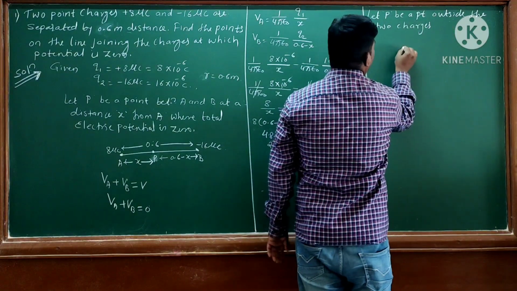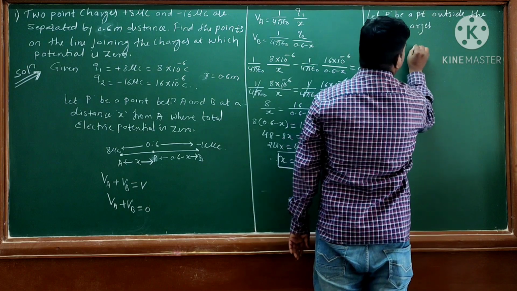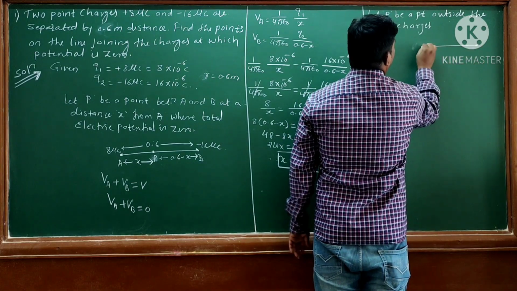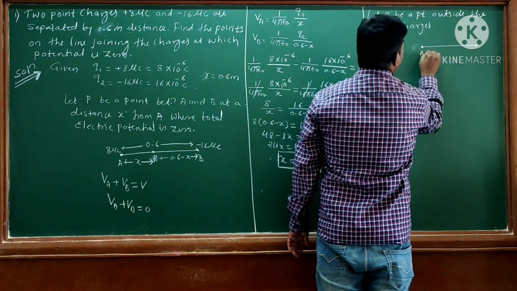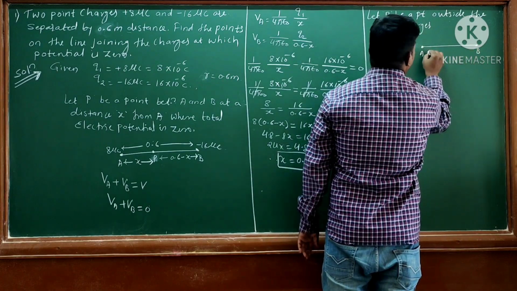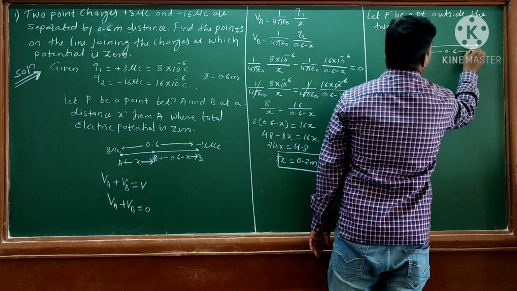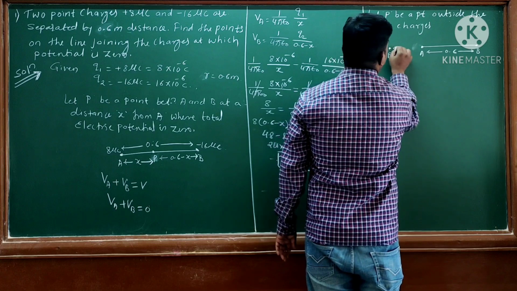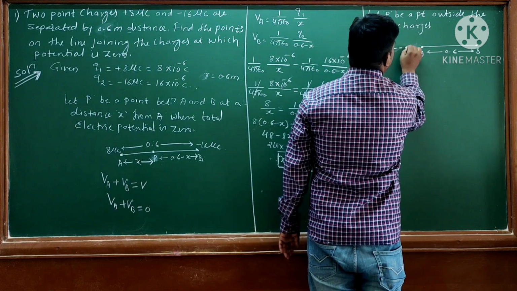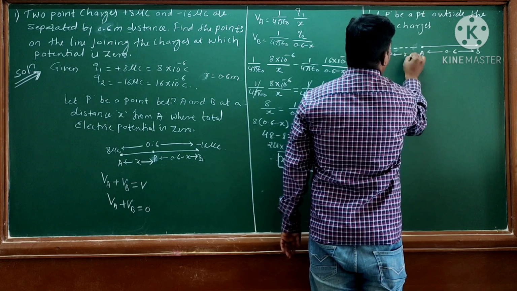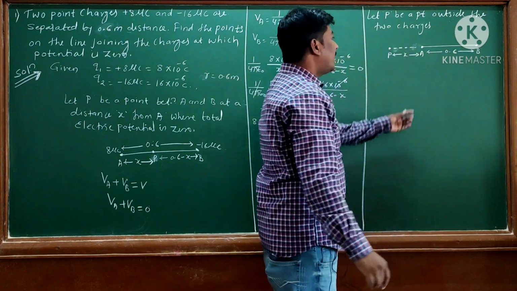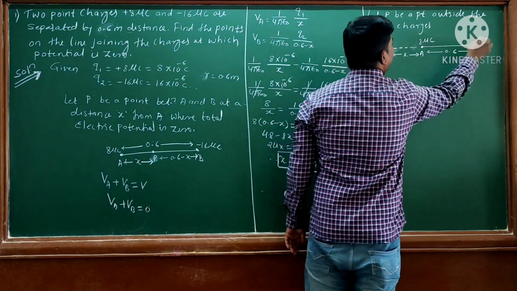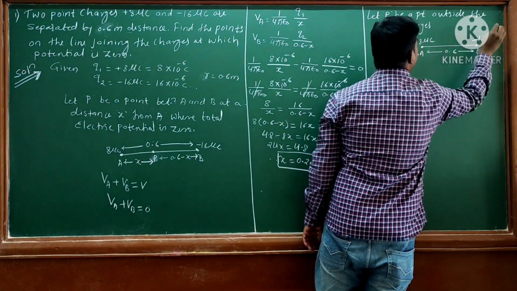Say here I will draw the points. This is A, this is B, this is 0.6 meter, they have already given. So this is the point P, which is at a distance x from A, right. So we have 8 microcoulomb here and it is minus 16 microcoulomb here.